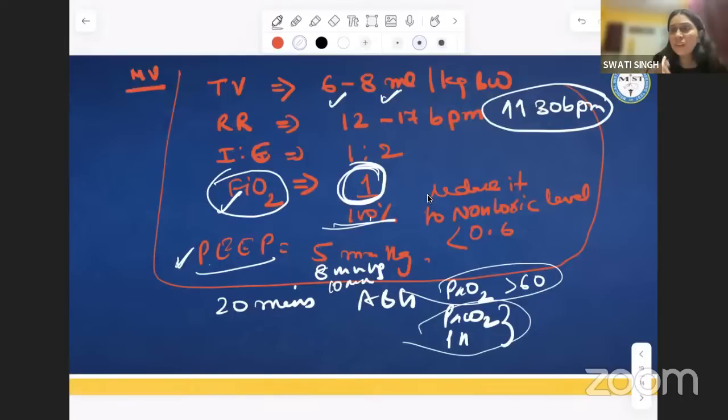This is something which I see the residents forget in the ICU, and the examiners make a lot of questions on this, mind you. So keep it in mind. We have to decrease FiO2. If we have achieved our oxygenation, we cannot go on giving 100% oxygen. It's toxic oxygen. Got it? Okay, now next question.